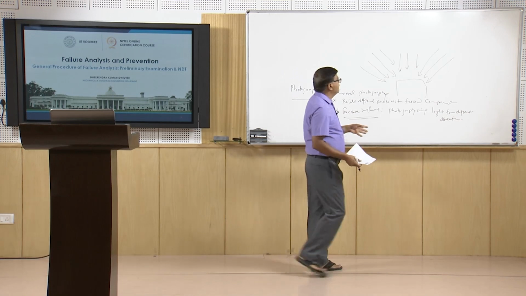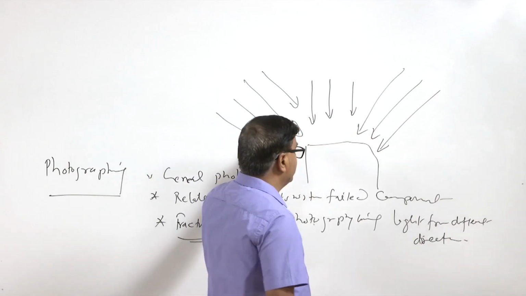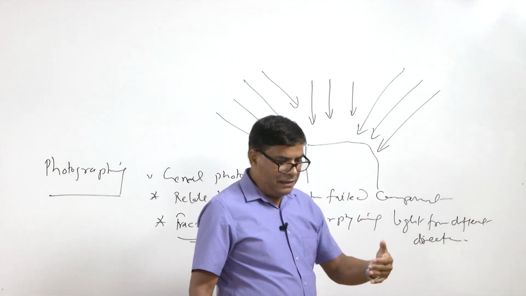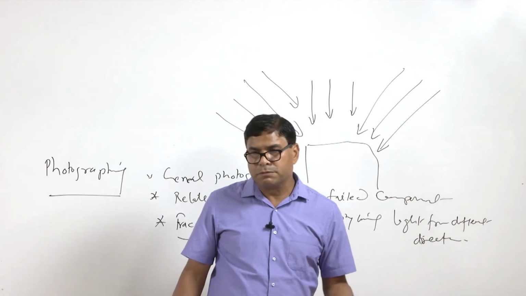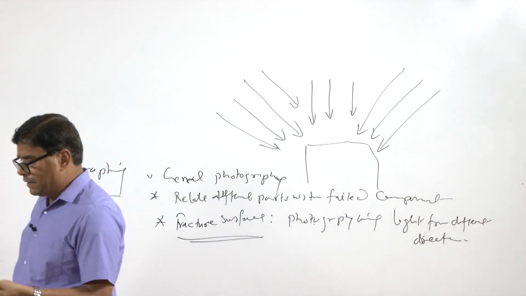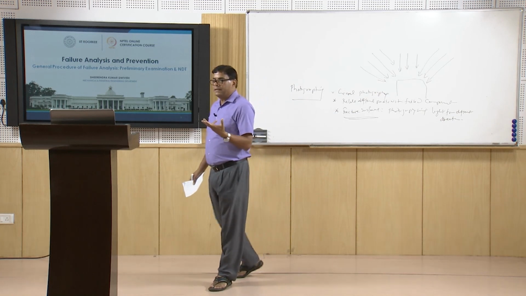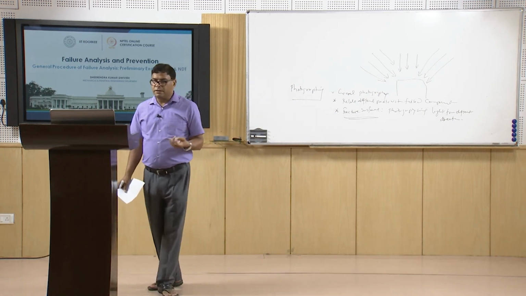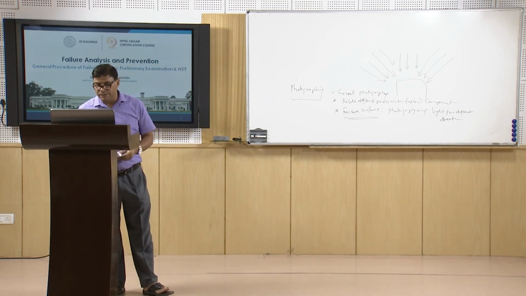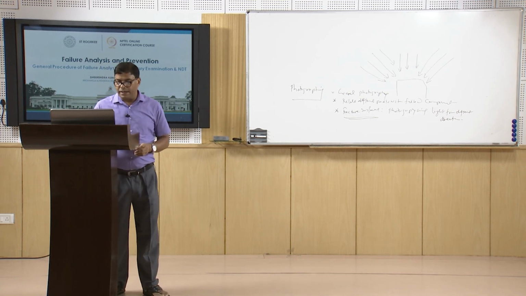So, we may direct the light from different directions primarily to reveal the unique surface features, so that the fracture initiation site, direction of the crack growth and the presence of discontinuities, if any, can be identified.